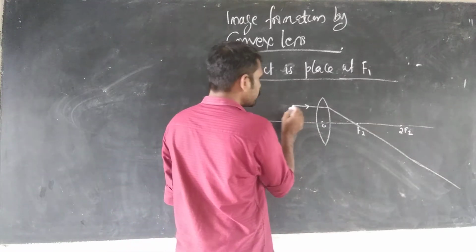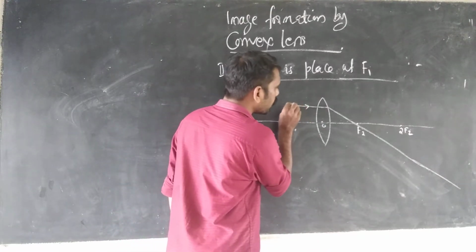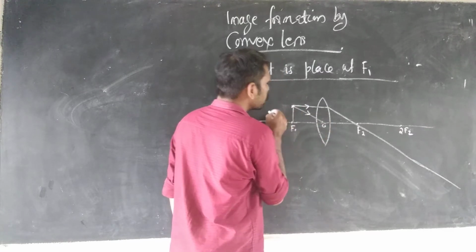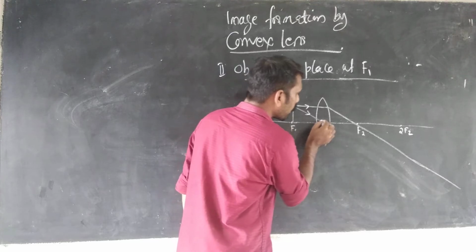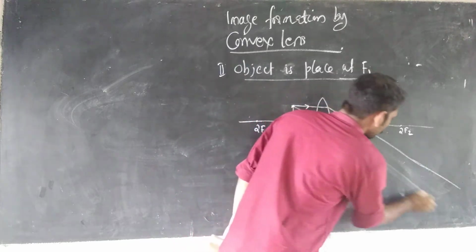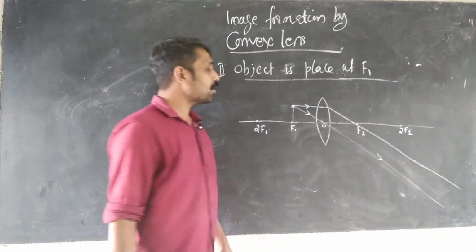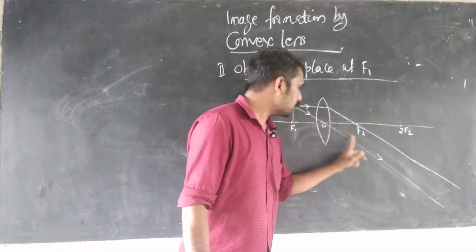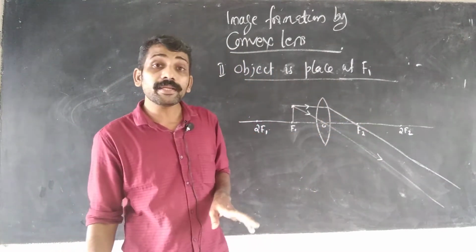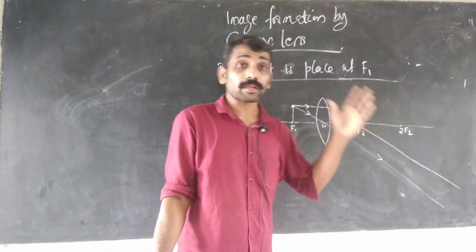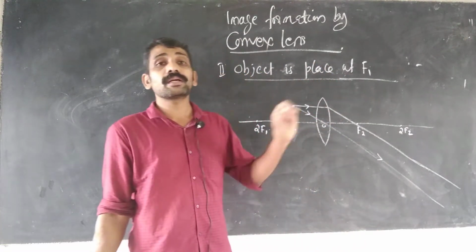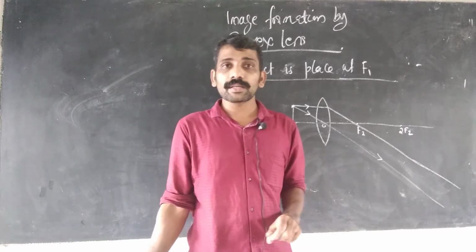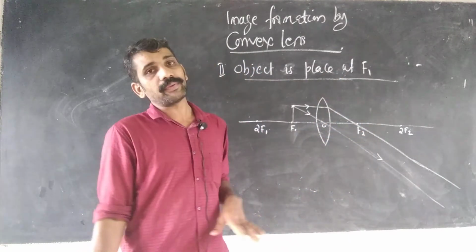Another ray from the object passes through the optical center, and the ray passing through the optical center is not refracted, is not deviated.